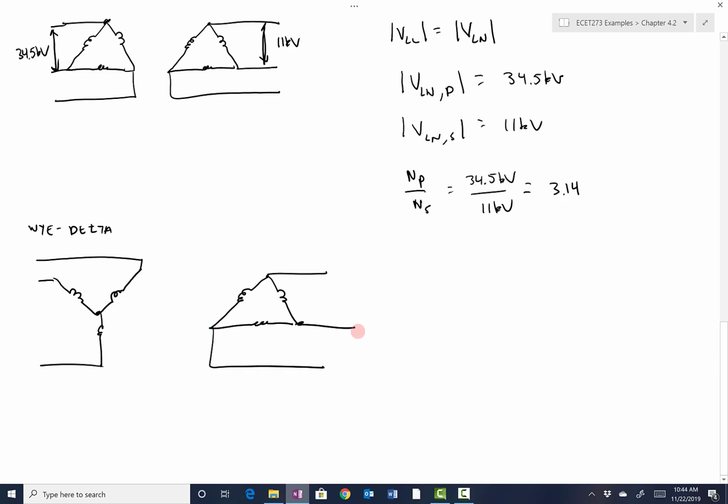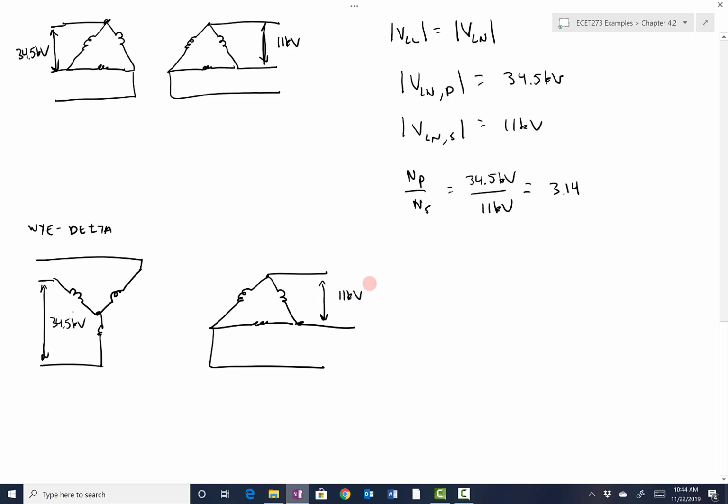So Y-delta. And we just want to mark out again what the line-to-line quantities are. For a Y, the line-to-line goes across two phases. That's 34.5 kV. And in the delta system, the line-to-line quantity is the same as a phase quantity. It's right there. So that's 11 kV.